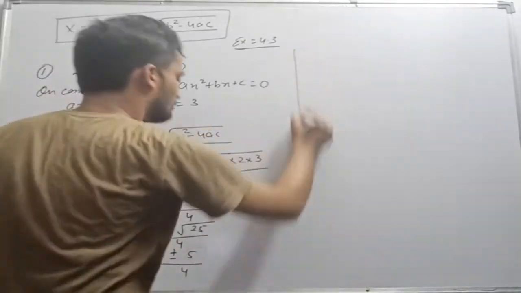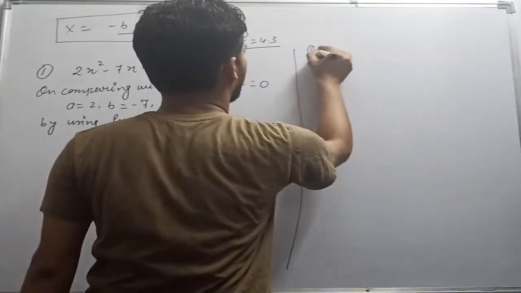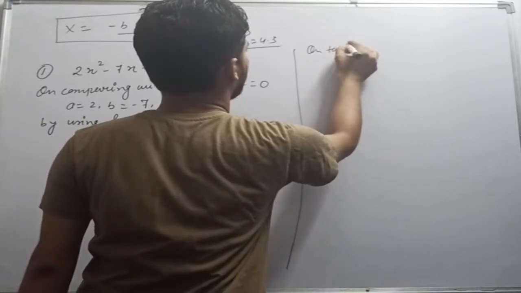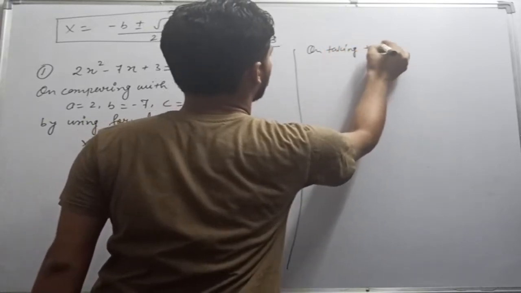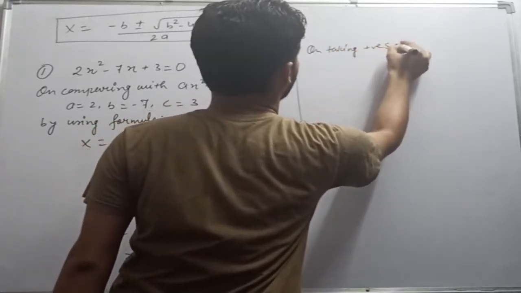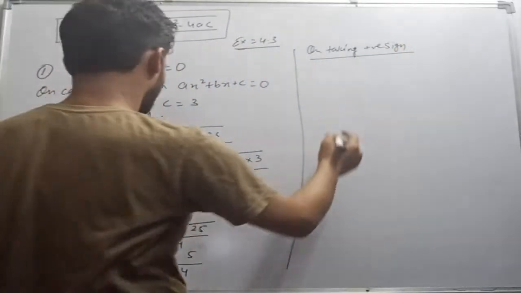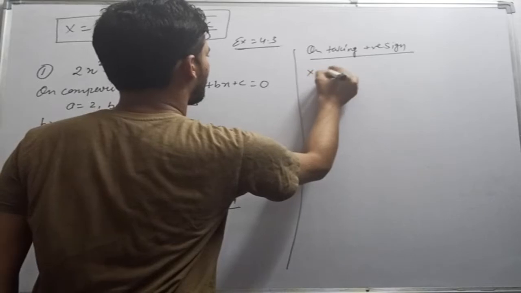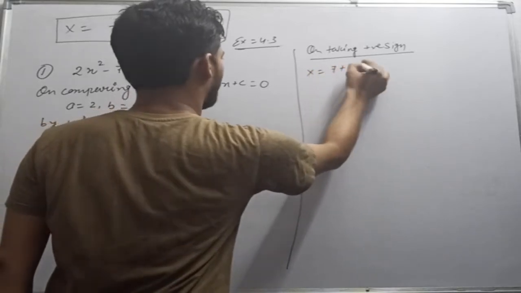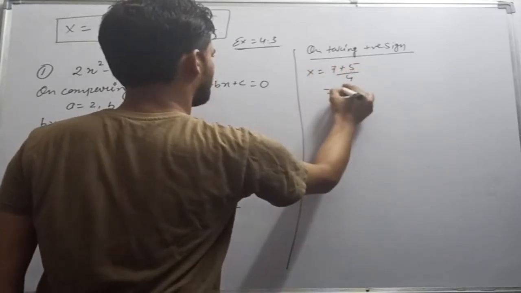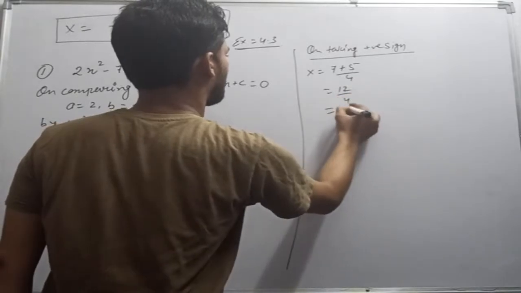On taking the positive sign, x must be equal to 7 plus 5 by 4, that is 12 by 4, which is equal to 3.